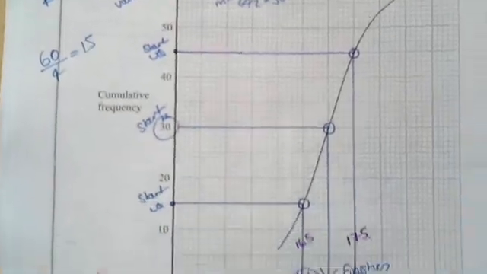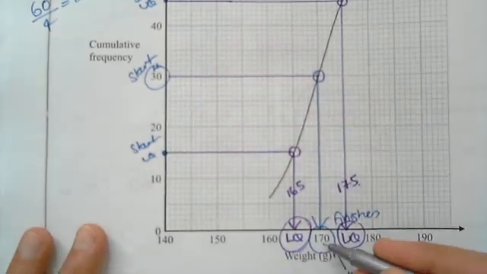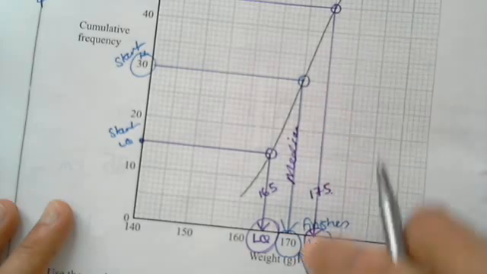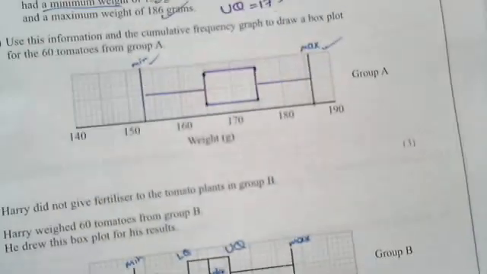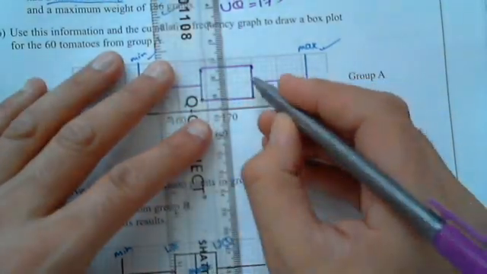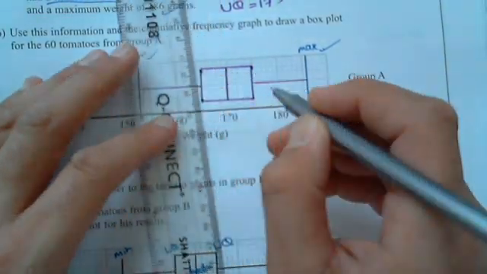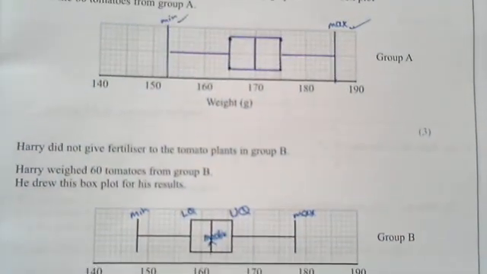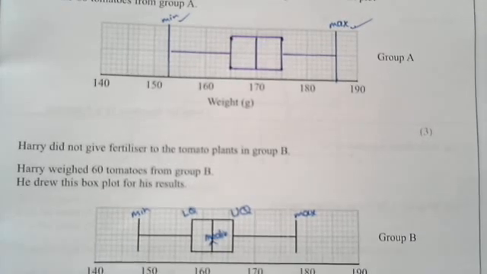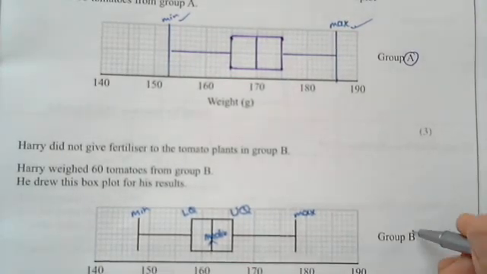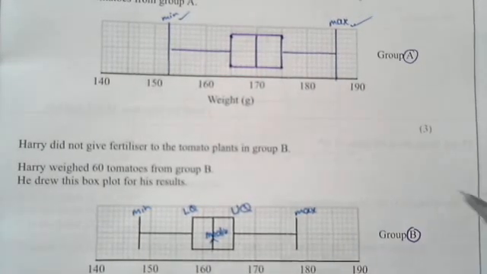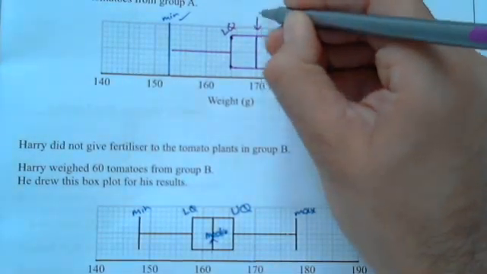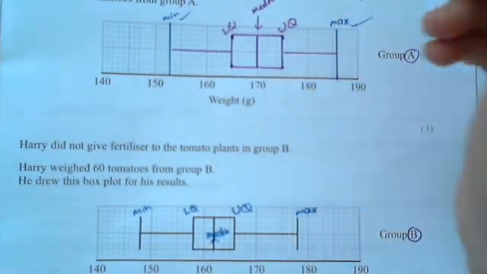So we go back to our graph, and the median value is 170. Okay, so there we go. There's our two. That's group A, that's group B. That's our lower quartile, upper quartile, median.